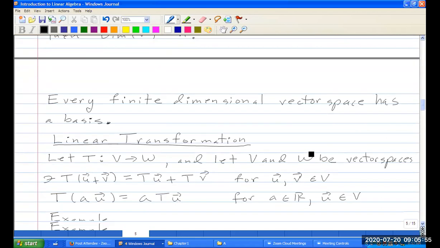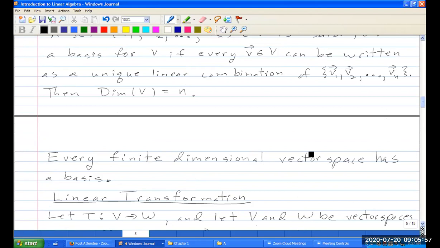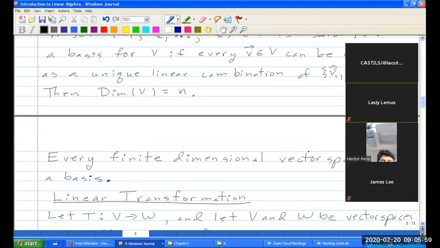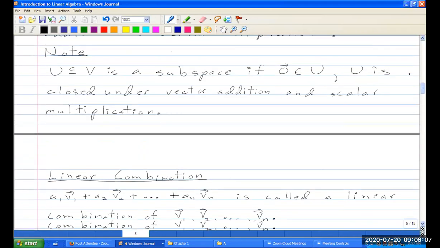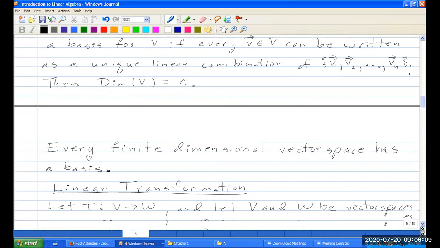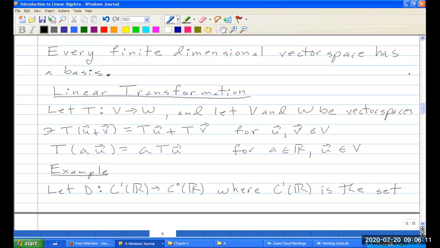So I've told you this is a really quick introduction to vector spaces. Now let me talk about linear transformations.